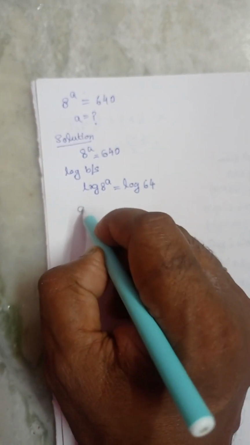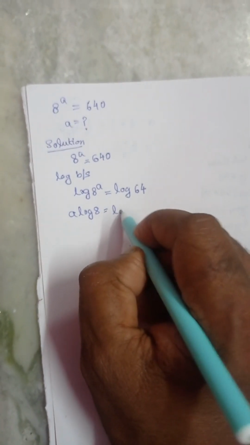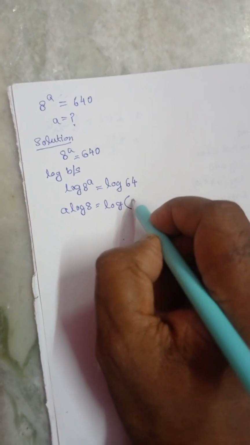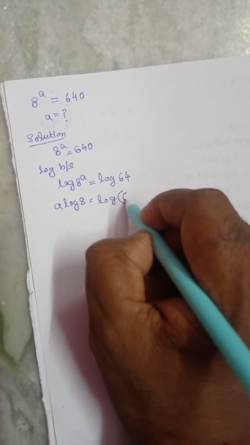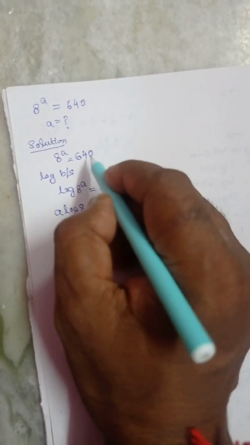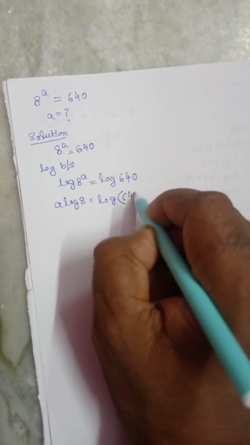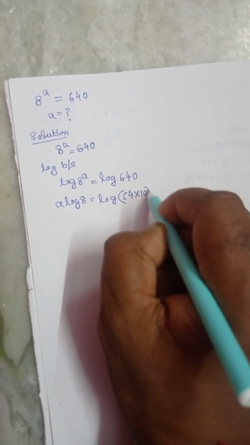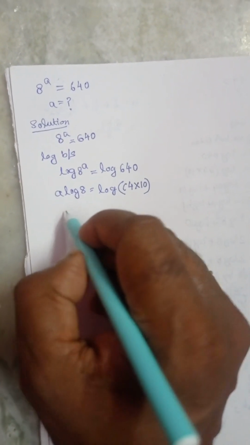Now a log 8 equal to log 640, that is 640. Okay, so you can write 64 into 10.